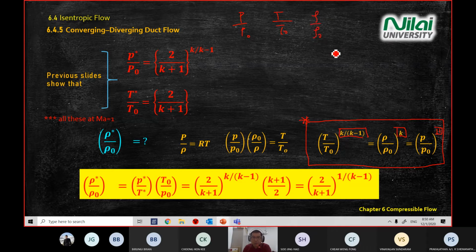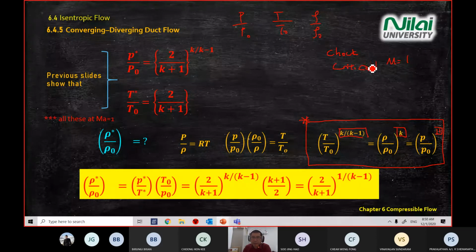And then if you have a choke point or critical state, your Mach number equal to 1. So you change everything inside the equation, become 1, and then refer table for K, right? Table 1.8, for example, for K, for the medium. Air is 1.4, for example.